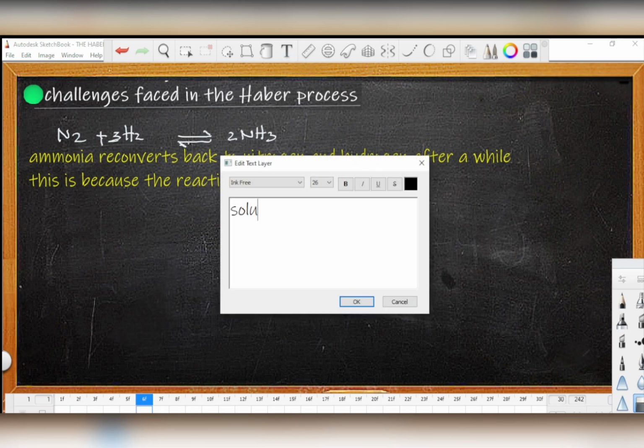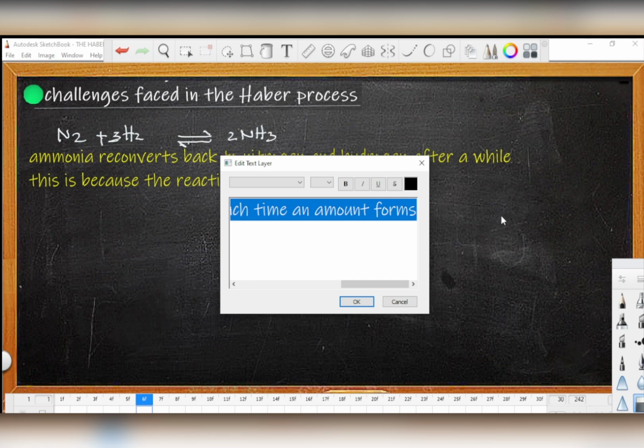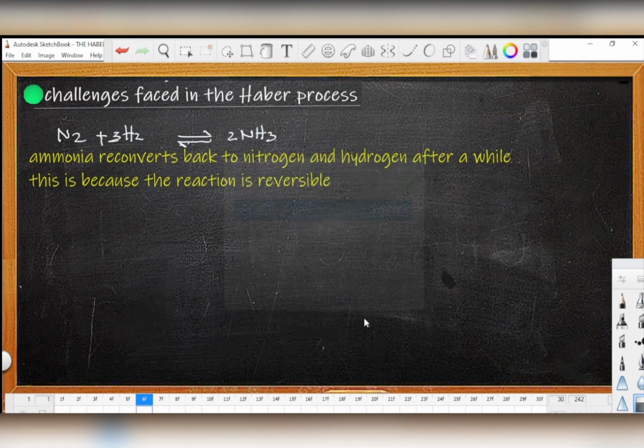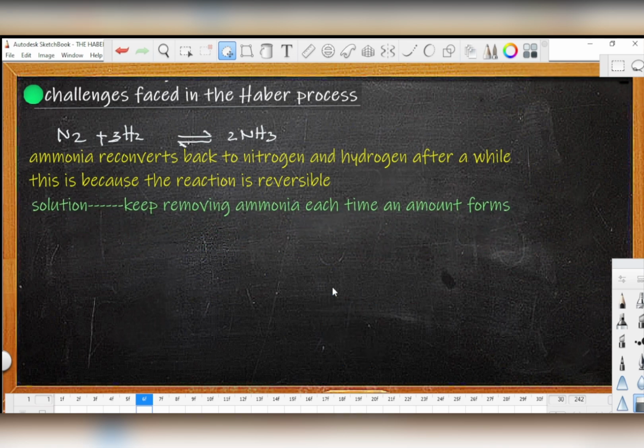So the solution is keep removing ammonia each time an amount forms. Each time an amount forms, you keep removing the ammonia. This will prevent ammonia from reconverting back to nitrogen and hydrogen.